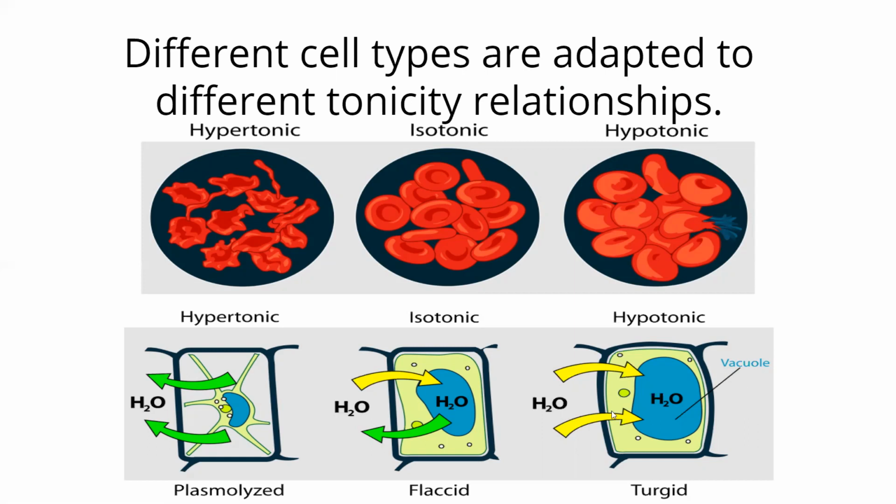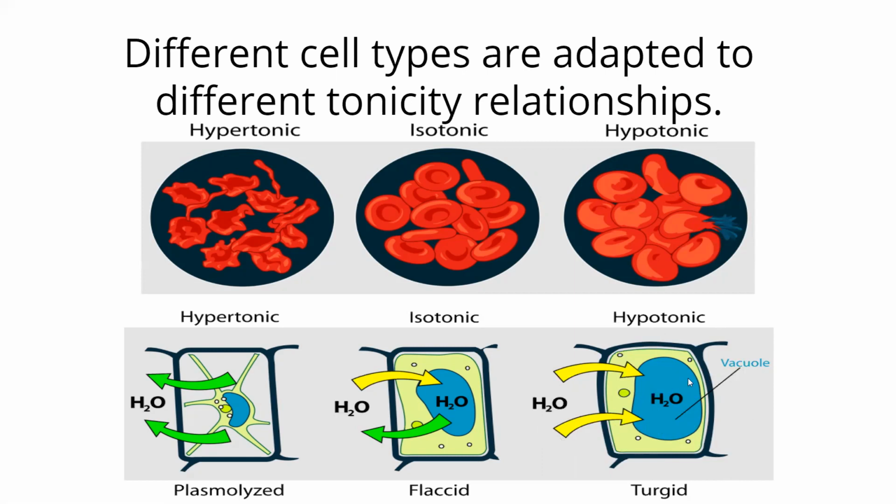But in plant cells, that actually works out okay, because they have a wall that makes sure that they're not going to burst. So actually, this is something that plants employ, that they're going to pull water from one cell to the other cell, and water is going to rush in to make sure that the plant stays turgid and upright.